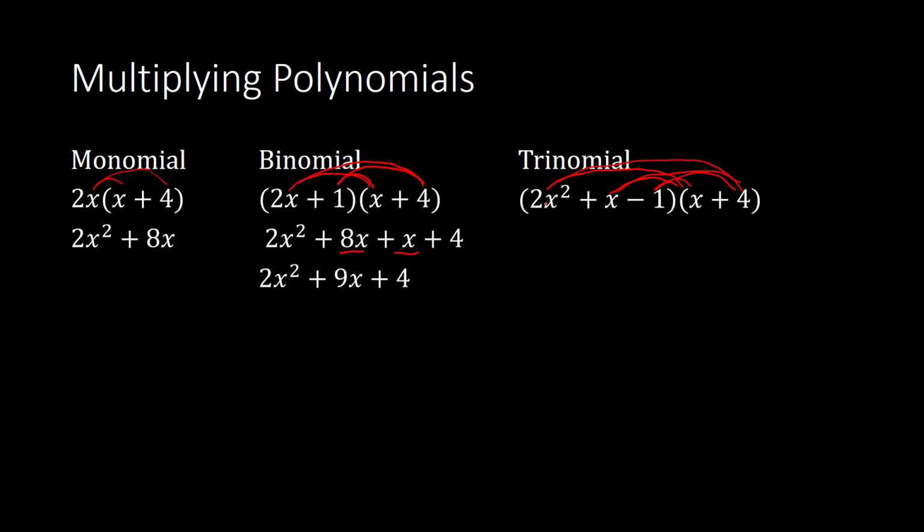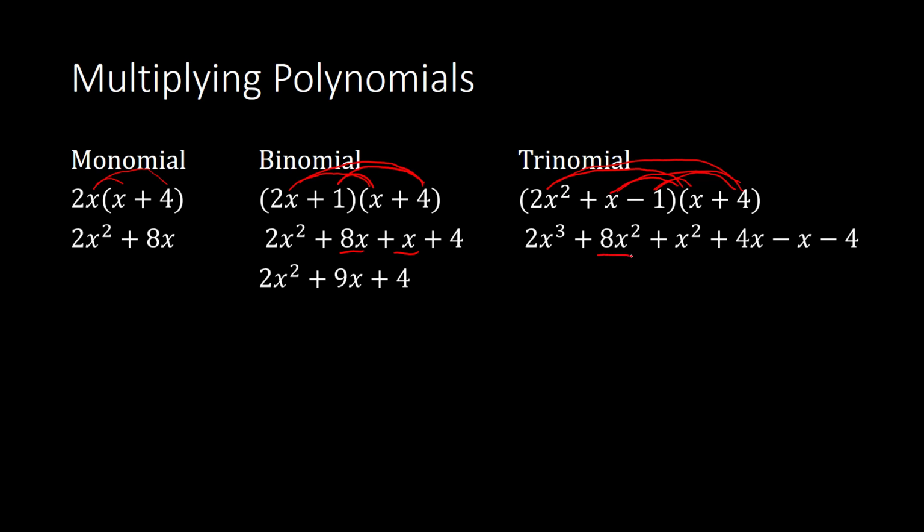So 2x squared distributed would give me 2x squared times x, which would give me 2x to the third power. 2x squared times 4 gives me 8x squared. X times x would give me x squared. X times 4 gives me 4x. And then distribute the negative 1. Negative 1 times x gives me negative x. Negative 1 times 4 gives me a negative 4. So then I can combine like terms and we're done.